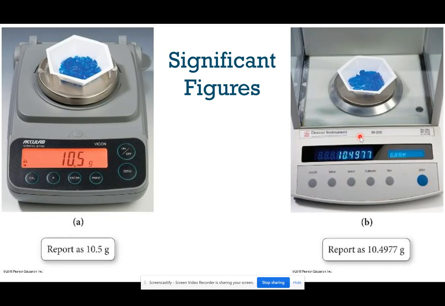Where is the uncertainty for this scale? Well, the uncertainty doesn't creep in until all the way out here at this last 7. If I had to pick which scale I wanted to use, I would certainly pick this scale on the right, as it gives me more significant digits. Uncertainty creeps in much later in the number, so it's going to give me a better value as to what that blue blob actually weighs.